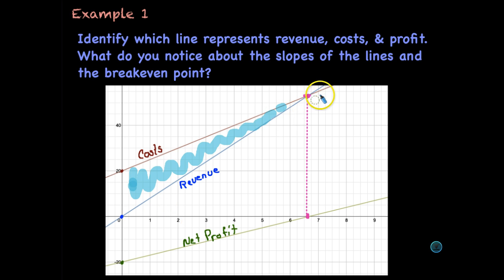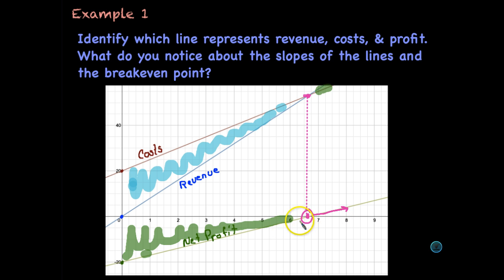Well, above that, we end up with a net profit. So notice that if we follow this net profit line, we do not make a profit down here. And in fact, we lose money all the way until we get to, this is approximately 6.6 units sold, something like that. So after this point, we start making a profit per unit.